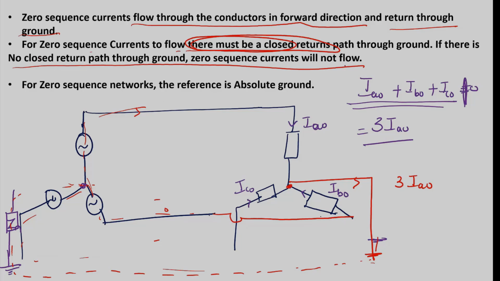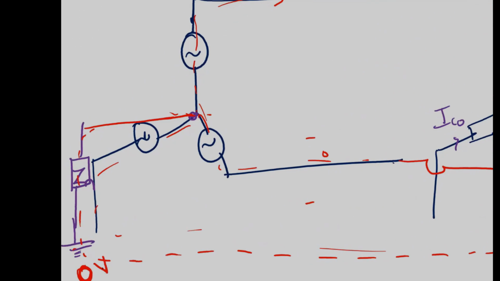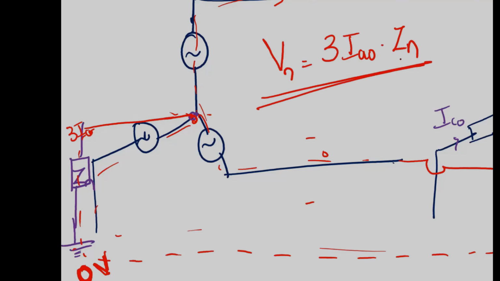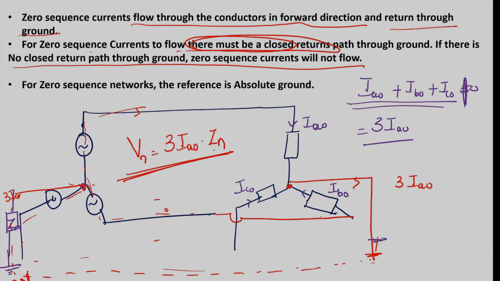So here, what is the voltage of neutral? What is the voltage of ground? The voltage of ground is absolutely 0 volt. That is the ultimate reference. Now, what is the current flowing through the source neutral? 3 times IA naught. So the voltage of neutral becomes 3 times IA naught into Zn, whereas the voltage of ground is 0.